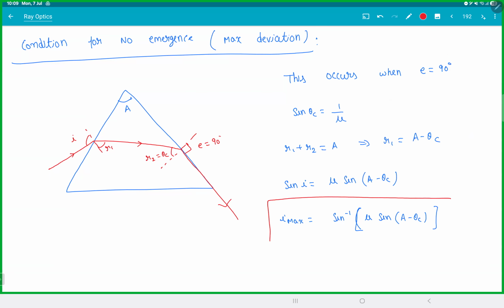If you try to send a light ray with more than this angle, it won't come out from the other side. There'll be no emergent ray. And this also will be the case of maximum deviation.